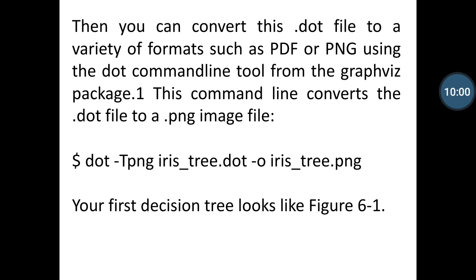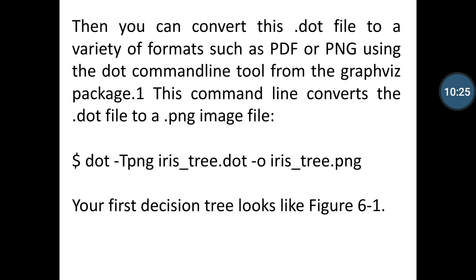and you can specify the outputs of this code. Then you can convert this dot file into a variety of formats such as PDF or PNG using the dot command line tool from the GraphViz package. This command line converts the dot file into a PNG image.